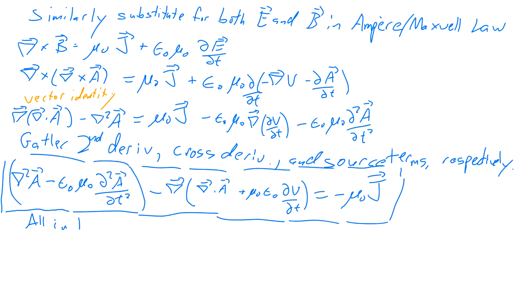Freehand. All right, so it's all in terms of potentials. Majestic, yeah, it's pretty freaking ugly. Yeah, but it's nice in that it's got everything in there.